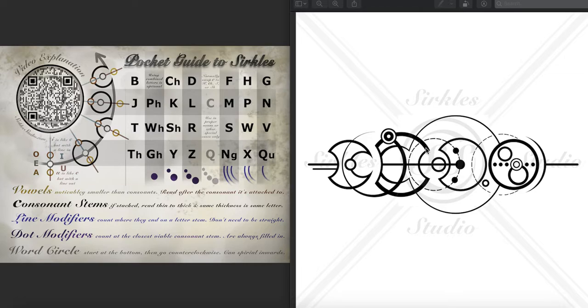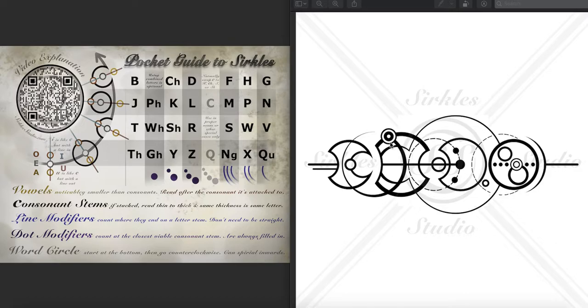And then we continue around. Here's our next set of letters, and they are stacked. So stacked letters, if stacked, you read thin to thick, and the same thickness means the same letter. So this is like stacked vowels, and these are two different vowels.